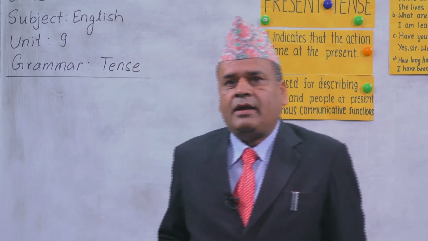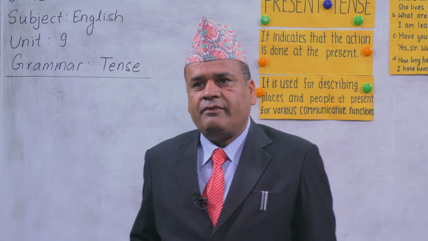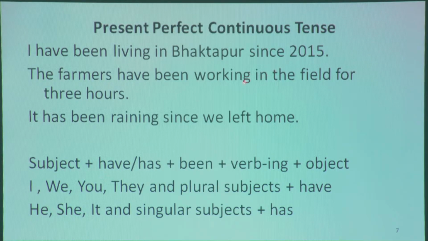Here, I have been living in Bhaktapur since 2015. You can find the same example here. Okay? The farmers have been working in the field for 3 hours. Okay? It has been raining since we left home. All the 3 sentences are based on present perfect continuous tense. Okay?